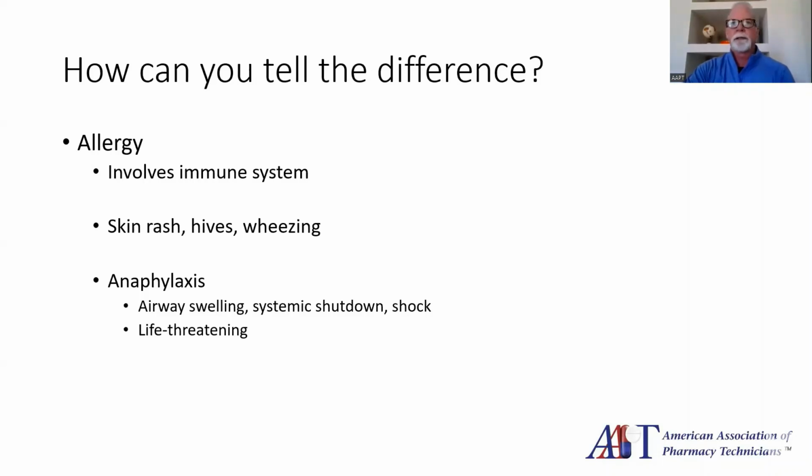So how do we tell the difference between an allergy and a side effect? Allergies, again, involve the immune system. Since the immune system is involved, these reactions tend to be systemic. So skin rashes, hives, wheezing, these are reactions where the entire body is reacting.